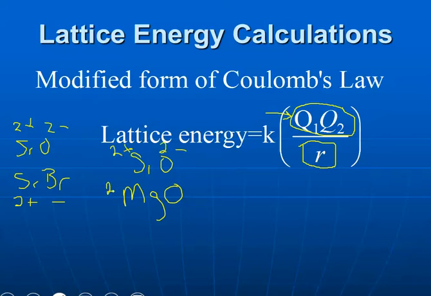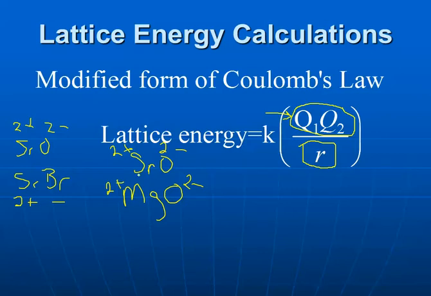Here we've got a 2+ for the magnesium and a 2- here. So the magnitude of charge is the same for both of these. So we cannot look at charge as determining which one would have the larger or smaller lattice energy. Now we have to look at size. Well, the O's are the same ion, so their size isn't going to be the impacting one, but the strontium and the magnesium, this is driving me nuts. There we go.